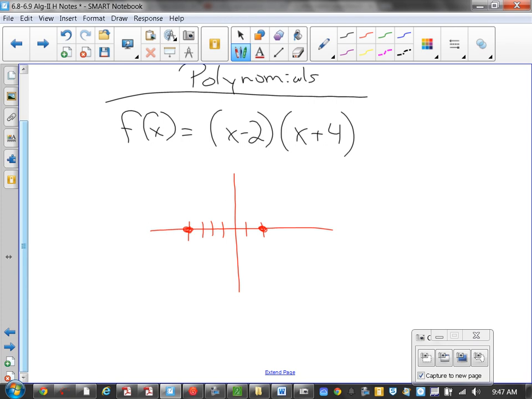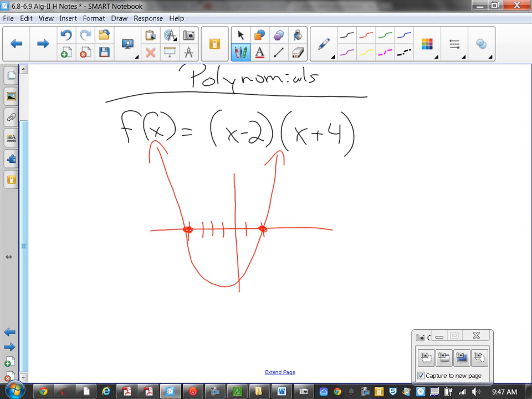We know that our tails would be pointing up, so I know it's going to be coming down and doing something like this. Now, one of the other points that I could plot on here to make my life pretty easy would be my y-intercept. Remember how we had talked in the past that f of x is kind of synonymous with y equals?